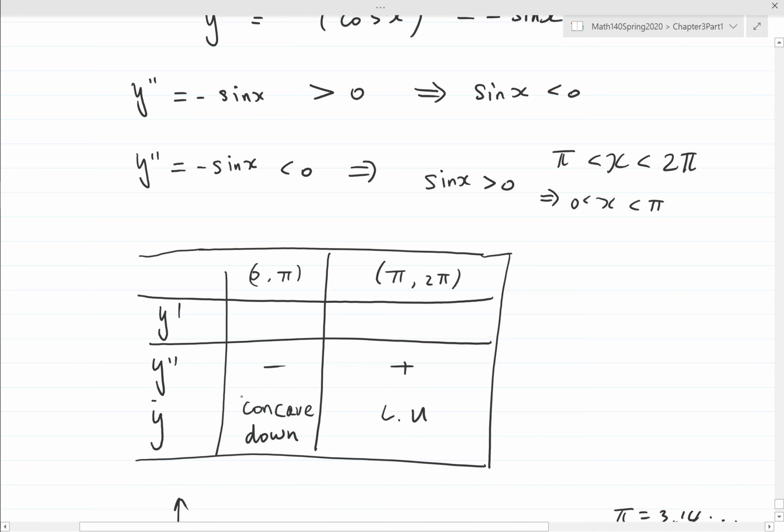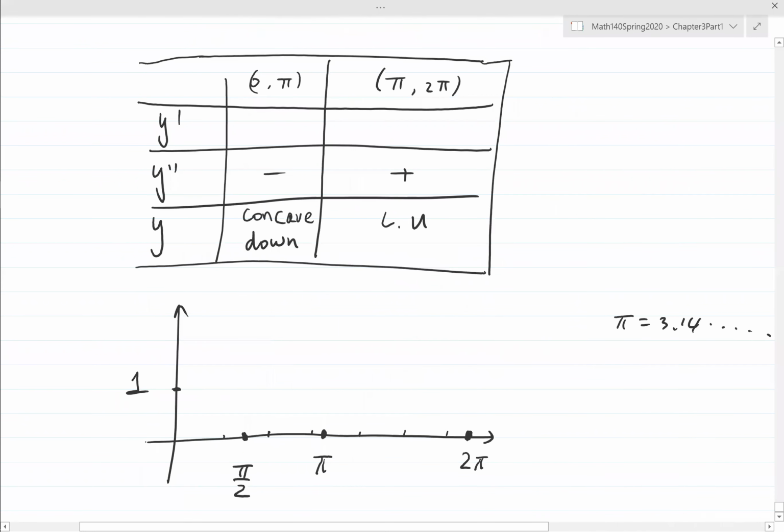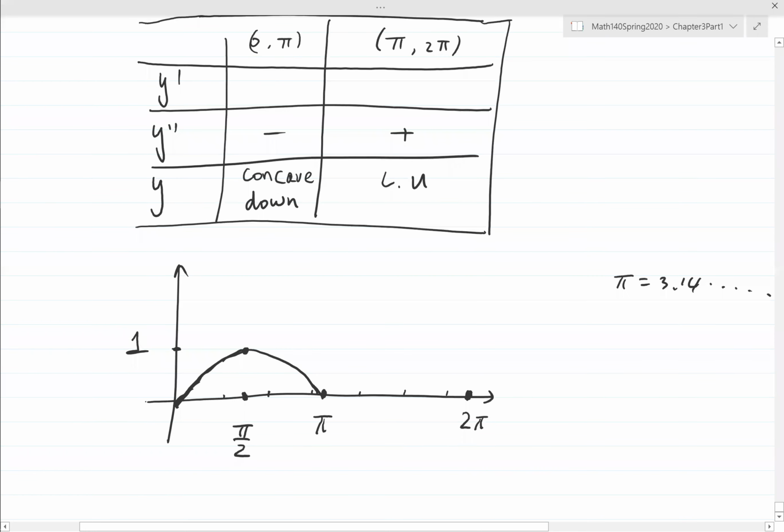If you plot the concave down, be careful, the maximum is 1. Concave down from 0 to pi, and then the change from concave down to concave up. The minimum is negative 1.